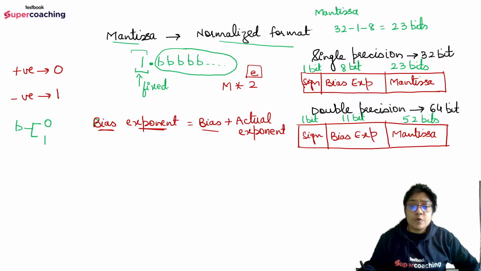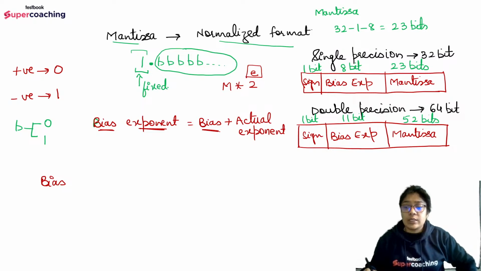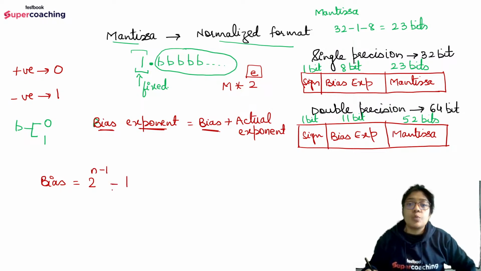Now main focus is on bias. Bias calculate करने के लिए हमारे पास जो highest digit होता है in the 2's complement representation, we are using that formula. So bias is nothing but it is 2 raised to power n minus 1 minus 1. Minus 1 क्यों करते हैं? क्योंकि positive side में 0 is also included. So this is how we calculate the bias.